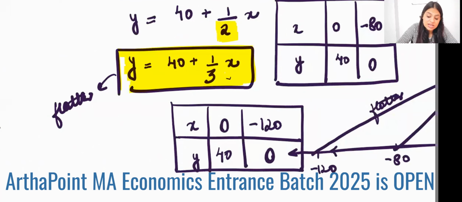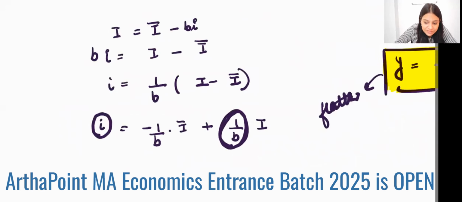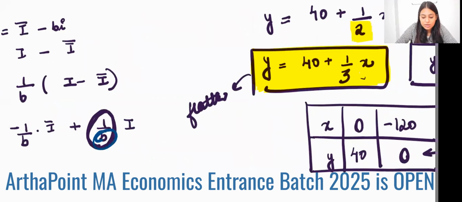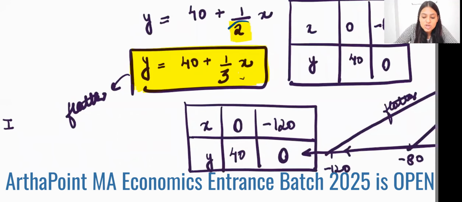The same is the case here, because I'm not finding direct investment function, but I'm actually finding the inverse relationship between investment and interest rate. I can go ahead and say that if b increases, b is coming in the denominator, sensitivity is 2 here, sensitivity is 3 here, and so on.